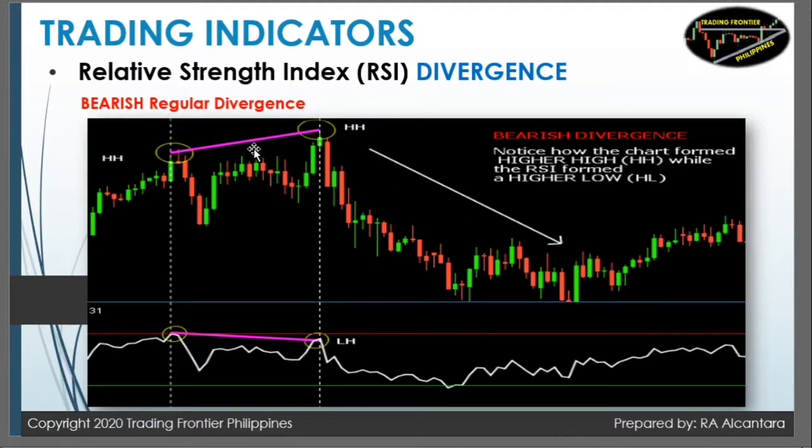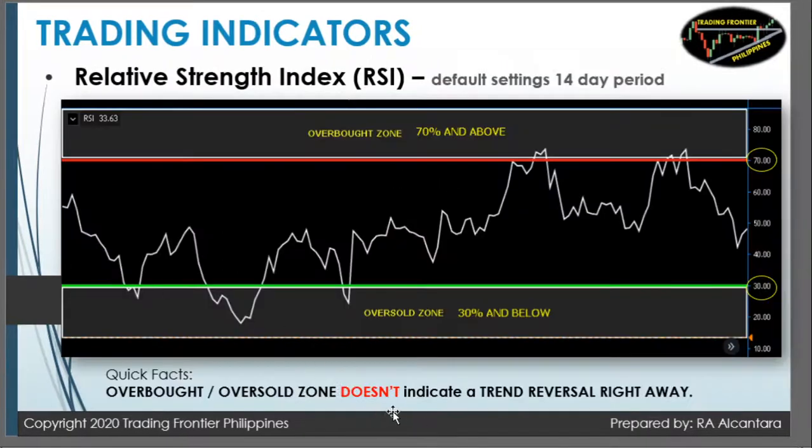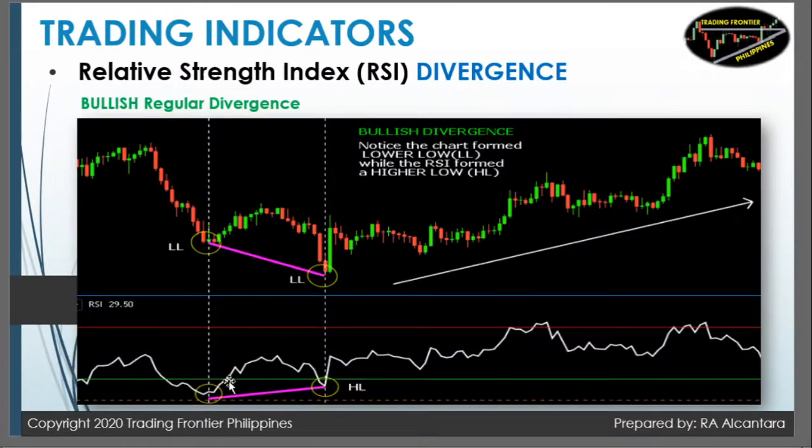But there's a catch, as I've said. If the overbought or oversold zone doesn't indicate a trend reversal right away, which means even if there is a regular divergence, that doesn't mean that the market will reverse right away. Most of the time, it will not happen in an instant.